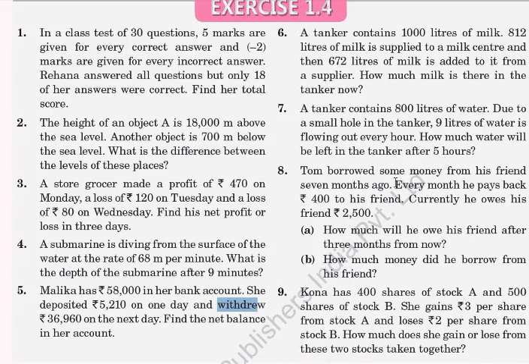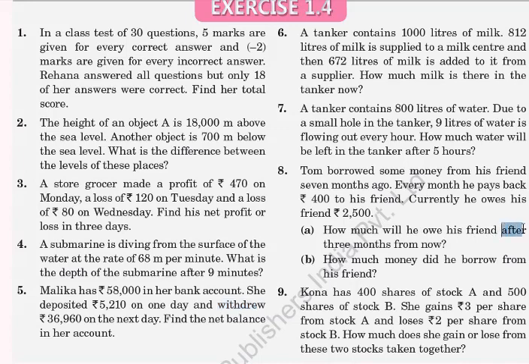Tom borrowed some money from his friend 7 months ago. After every month he pays back rupees 400 to his friend. Currently he owes his friend rupees 2500. That means this much amount he still has to pay back. How much will he owe his friend after 3 months from now?